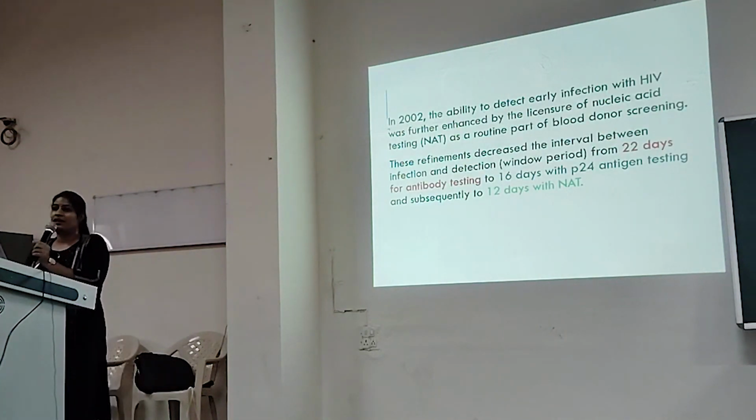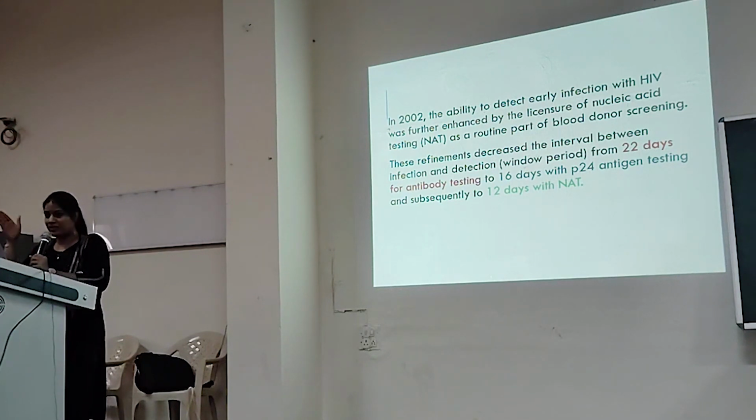Previously, whenever a person is infected with HIV, for example through blood transfusion, there is a window period of around 3 to 4 weeks, and only after that will he develop antibodies. Previously, to identify infection, we measured the antibodies.